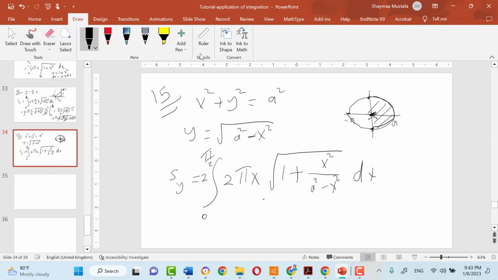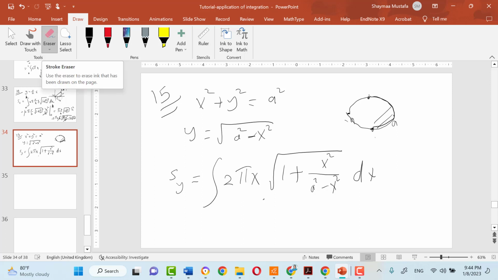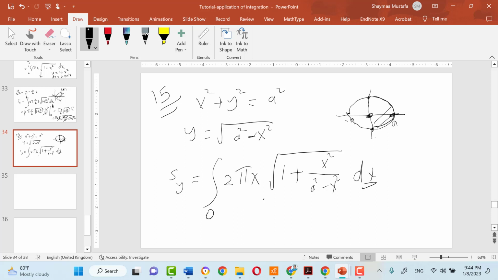Because the integration is in x, not y, you have to choose x. So x is changing from 0 to a, because this is dx and the rotation is about the y-axis. Then you calculate this one, and you find that it is 4 pi a.